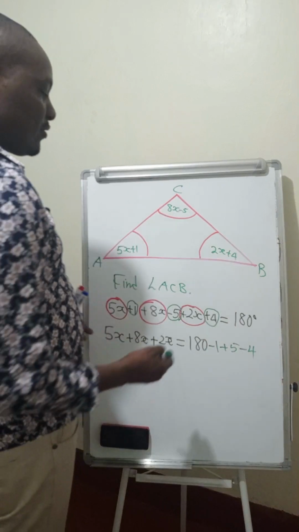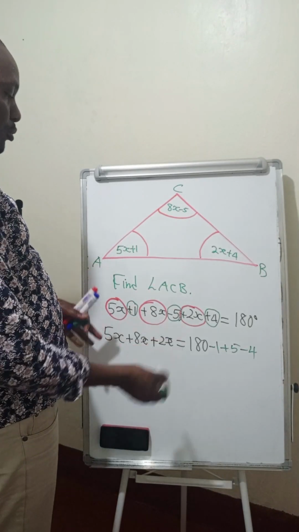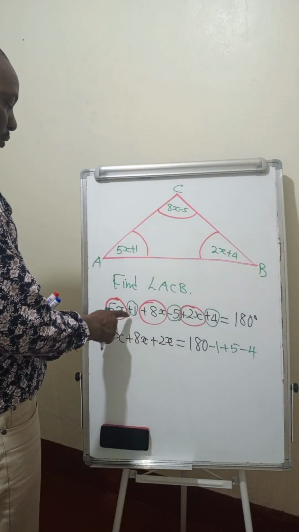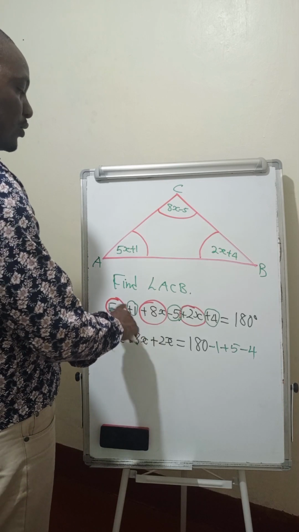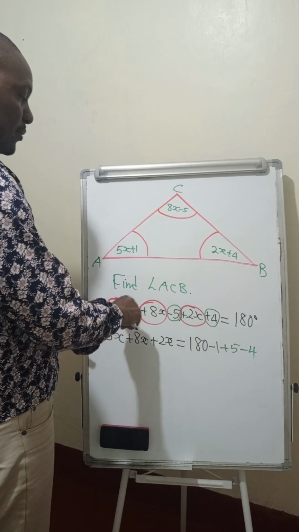In our introduction of algebra, we said we do the opposite. For us to do away with this positive one, this side to go the other side, do the opposite, which is subtraction.